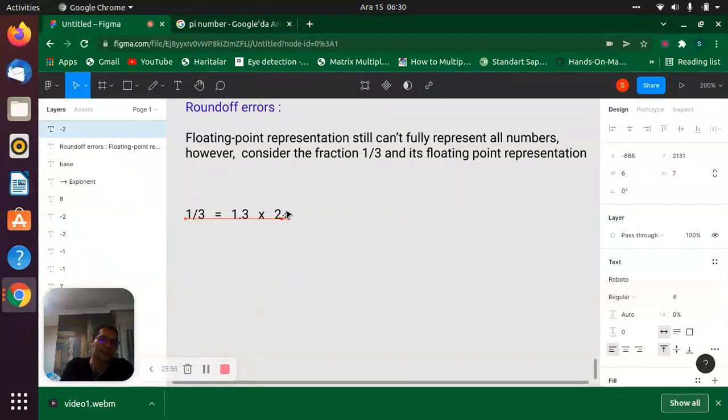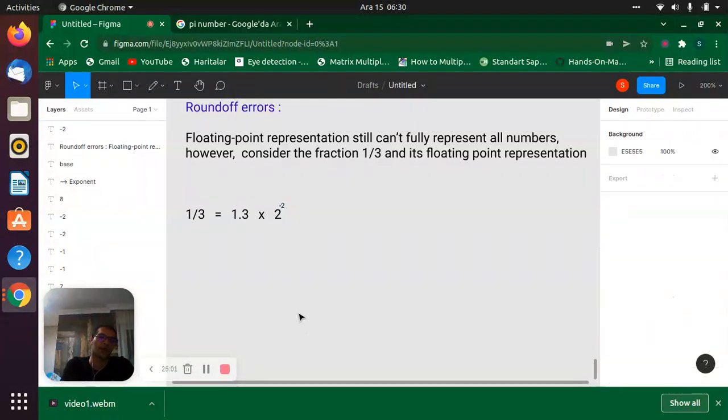Let's put this minus 1 above the 2, the exponent.